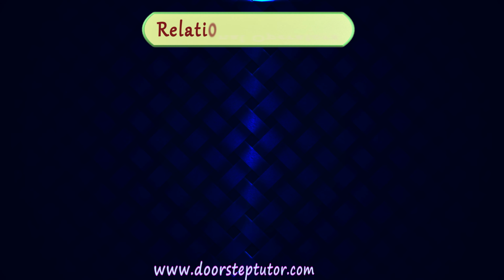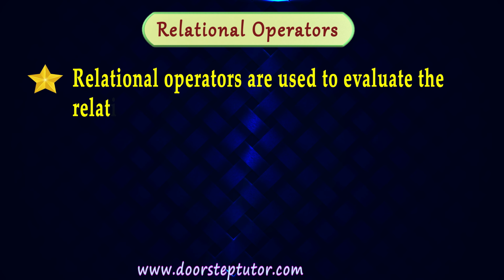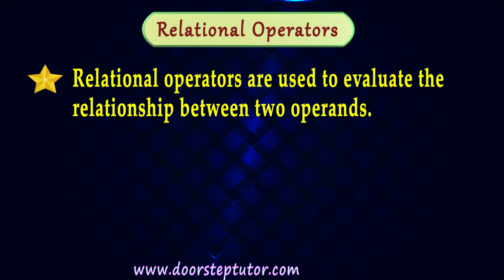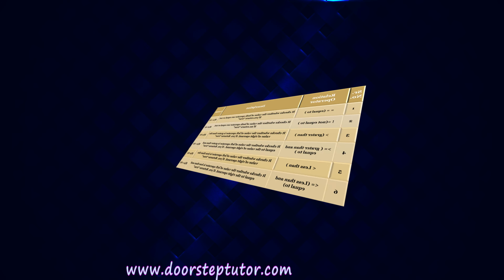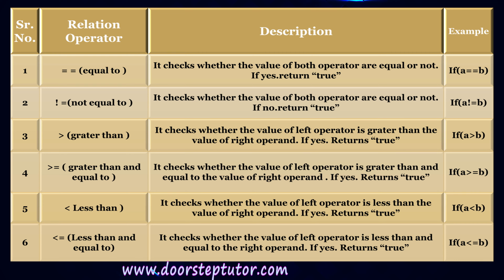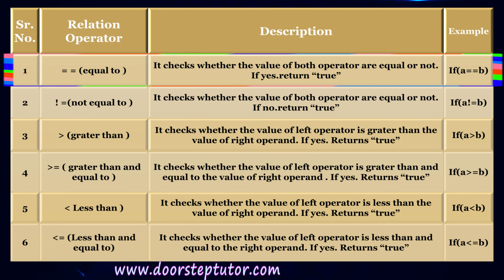So next, relational operators. The 6 most important relational operators are present in Java programming, as these are always present in every programming language, like double equal to, that is for the comparison of two values. These things we can use in conditional statements as I have given in the example.